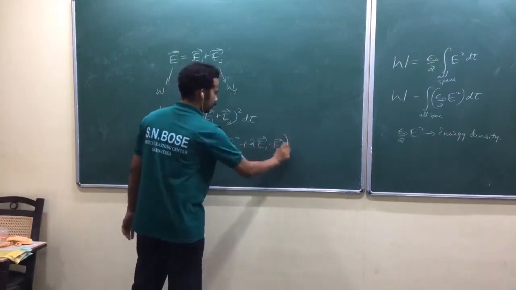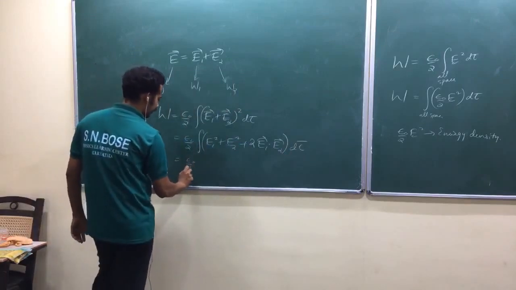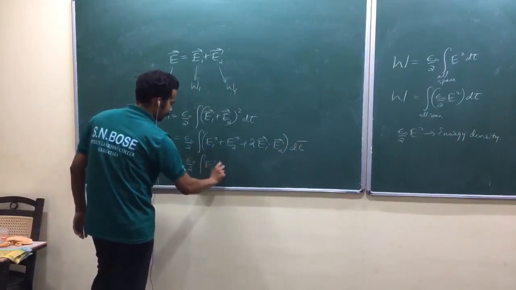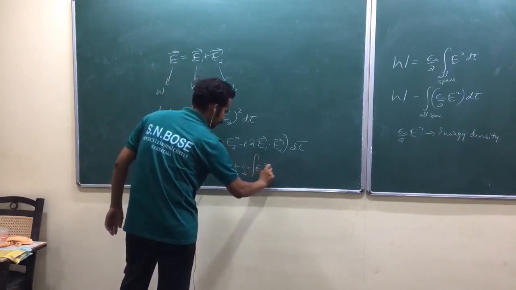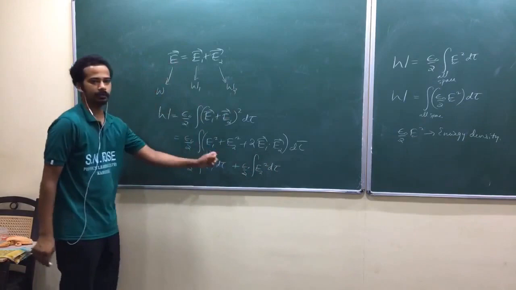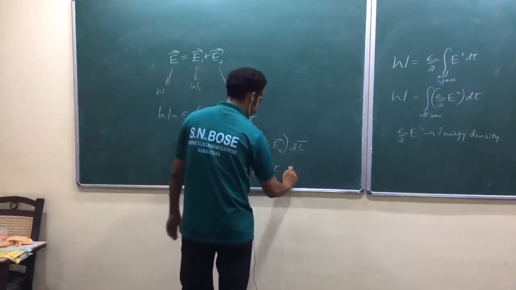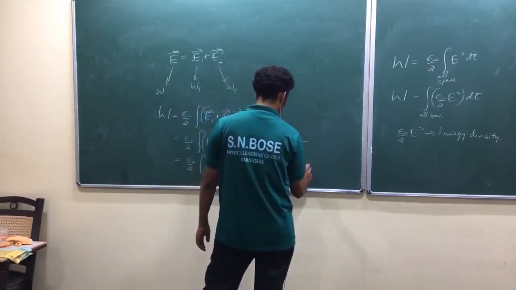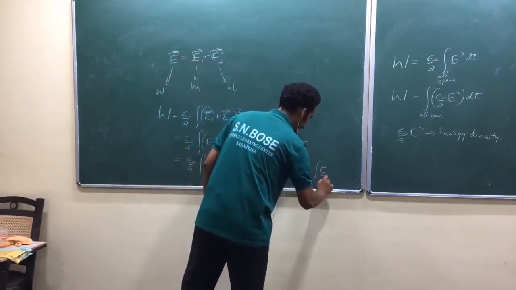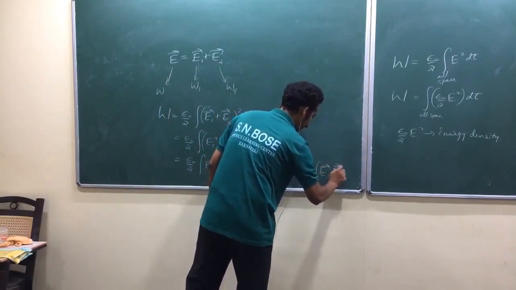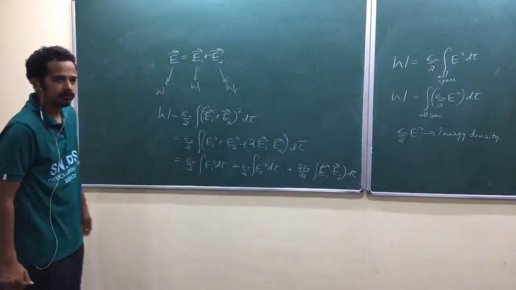So I can write epsilon naught by 2 integral E1 square dτ plus epsilon naught by 2 integral E2 square dτ. You can call the first W1 and the second W2. Plus 2 epsilon naught by 2 integral E1 dot E2 dτ.